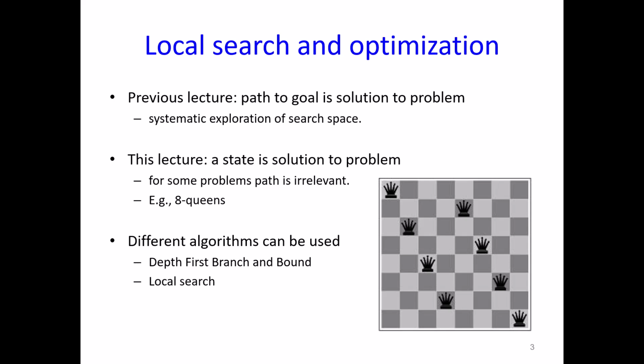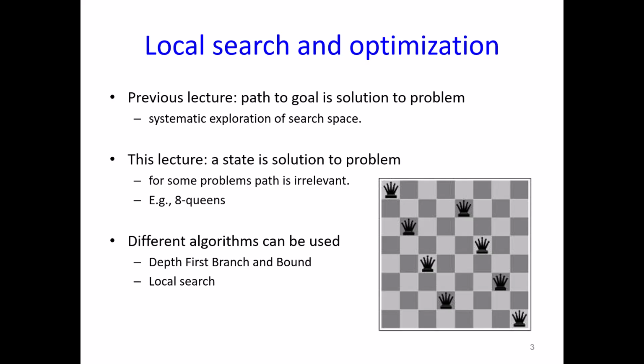In this chapter, we'll study methods inspired by physics like simulated annealing, evolutionary biology like genetic algorithms, and approaches to handle uncertainty, partial observability, and online search when the environment is initially unknown.